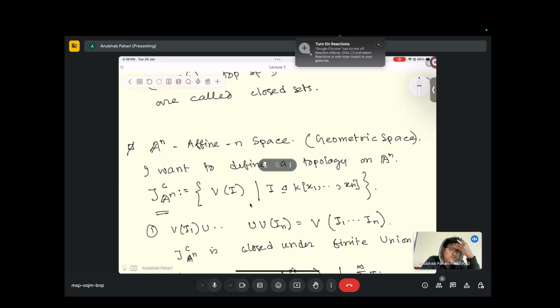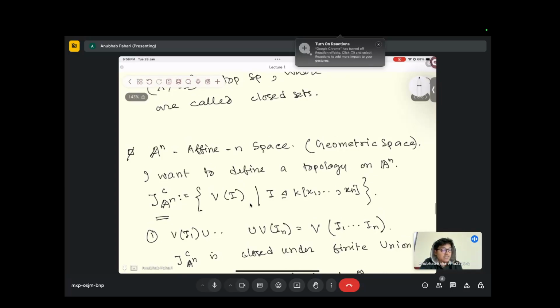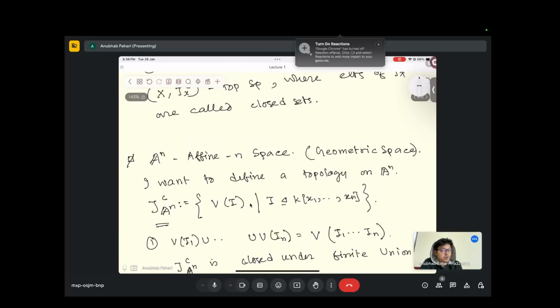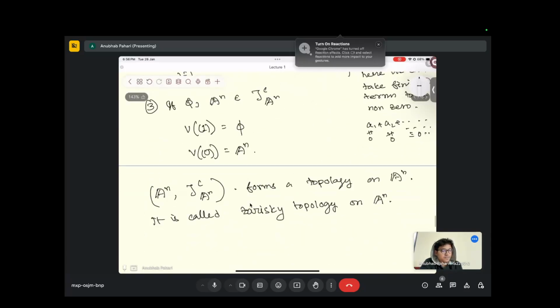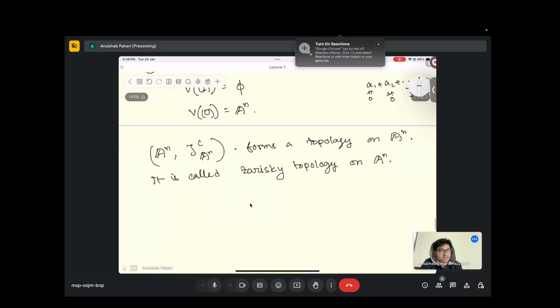Okay, so one way to learn about Zariski topology is studying these polynomials and their solution sets in affine space. The other way is, how do we connect this algebra and geometry?